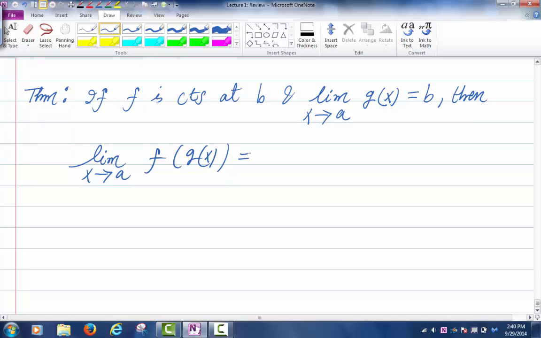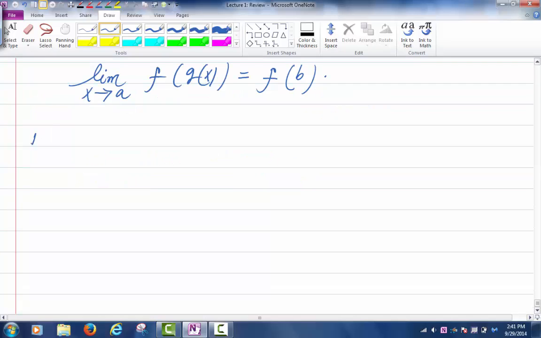Well, you can just find f of b. That is, if you have the composition of two functions, and if you know that the outside function is continuous, then how do you find the limit of the composition? Well, just take the limit inside. So the limit of g is b, and that's what happened.